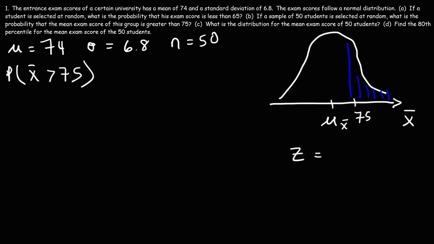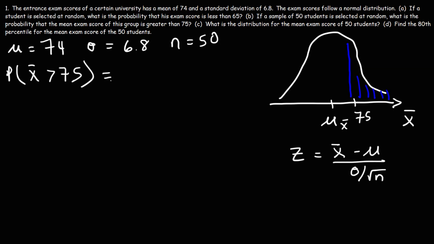When dealing with a sampling distribution, z is going to be x bar minus mu. If n is small, it's going to be mu x bar. But since n is large, mu x bar is the same as mu. So just keep that in mind. And then divided by the standard deviation over the square root of n.